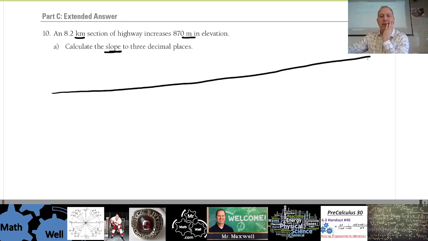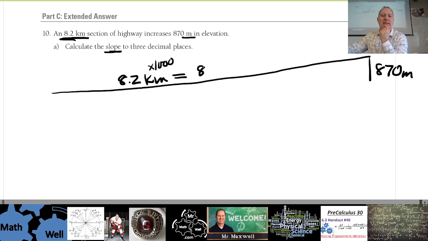It rises 870 meters, but the length of the highway is 8.2 kilometers. Now, let's make this the same units. So let's convert the kilometers. If we times 1,000, we get the number of meters.